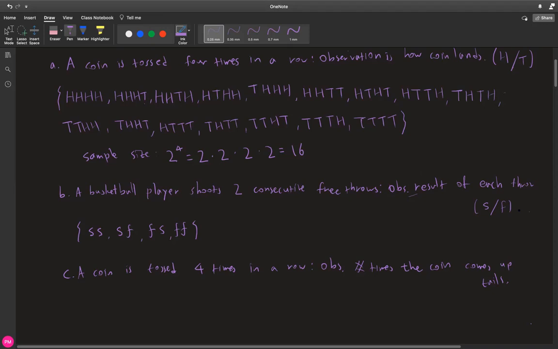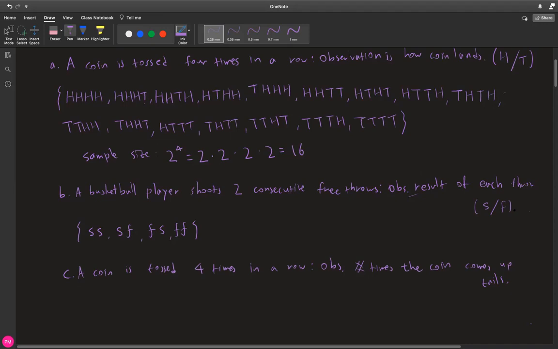So we're writing down if the first came down with heads, tails, and that's all we're doing. And for example C, we're more interested in how many times the coin came up tails. So we're only counting the number of tails, but not heads.